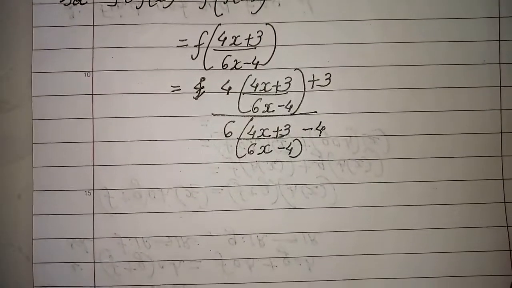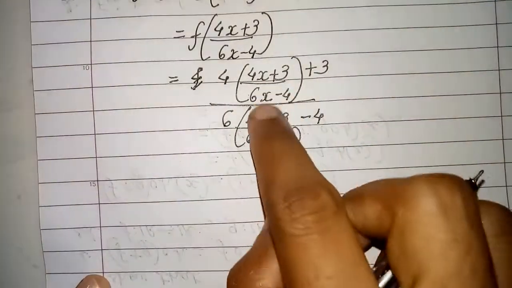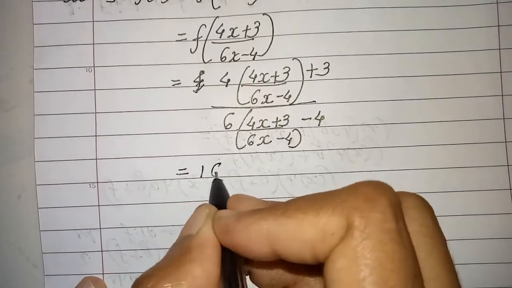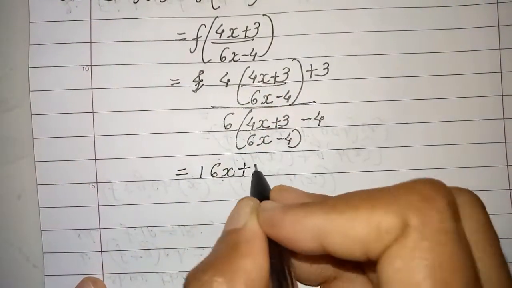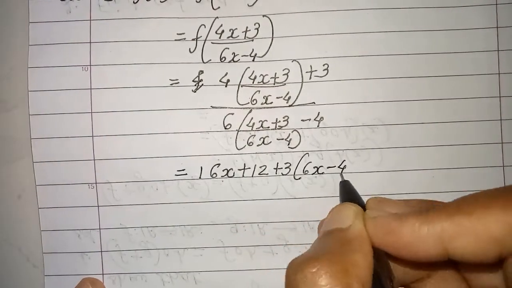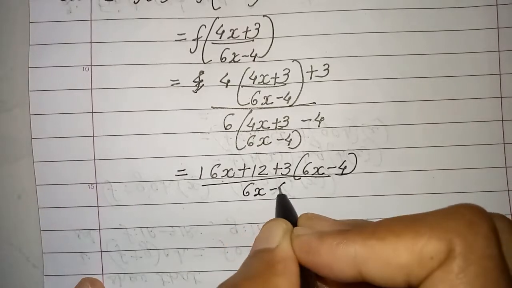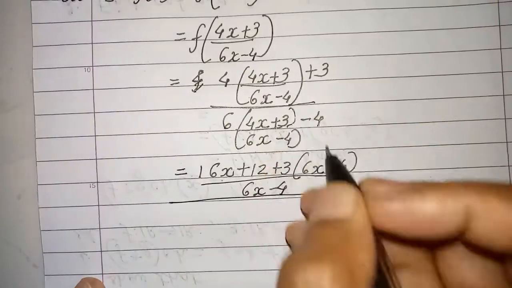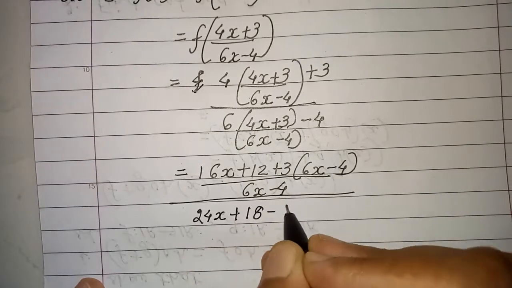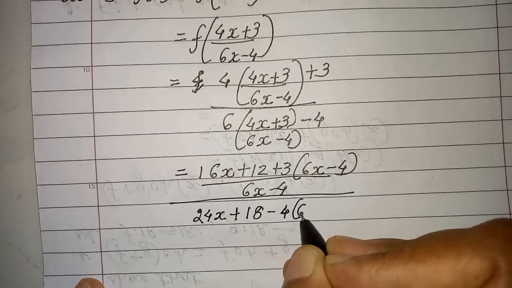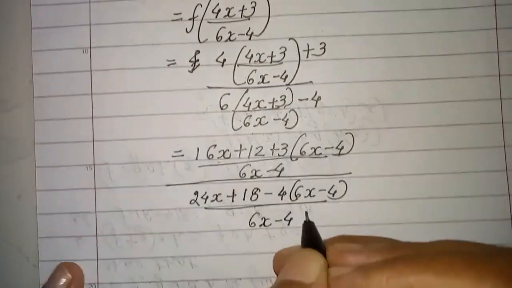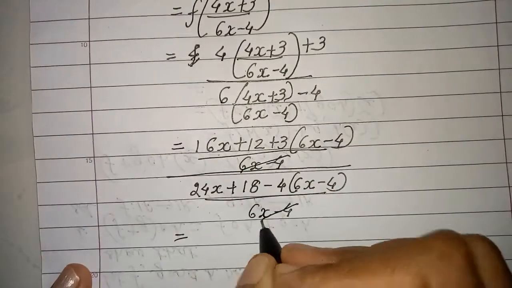Now we have to solve this. You can see denominators are same if I take LCM. So what will happen, children? The numerator will become 16x, open the bracket, plus 12. At the same time multiply here also, take the LCM, upon 6x minus 4, whole upon, you have here 24x plus 18 minus 4 times (6x minus 4) upon 6x minus 4. Now denominators are same, it will get cancelled.